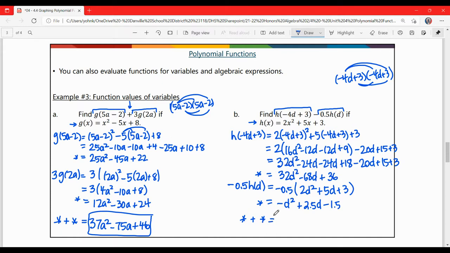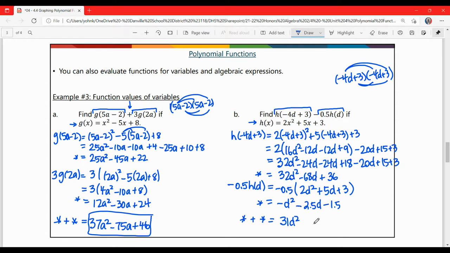32d squared plus a negative 1d squared is 31d squared. Negative 68d plus negative 2.5d is negative 70.5d. My bad, the 2.5d should be a negative.